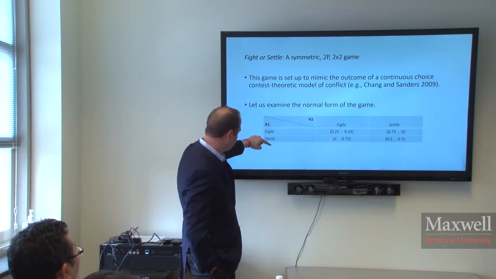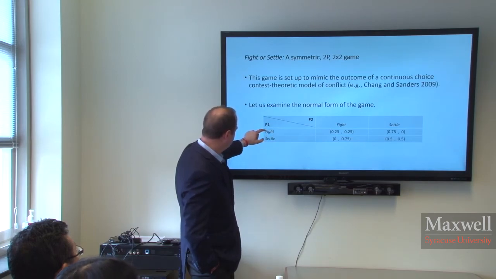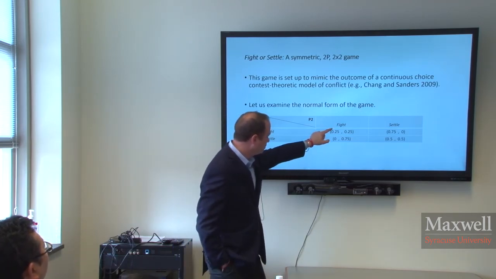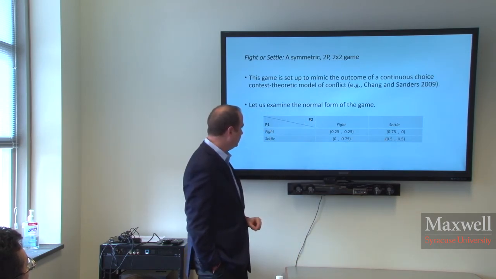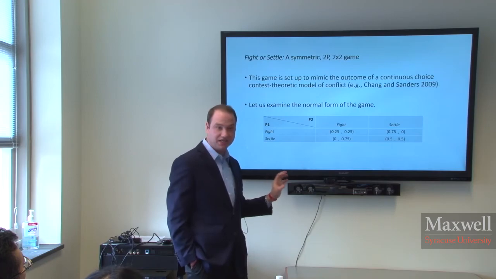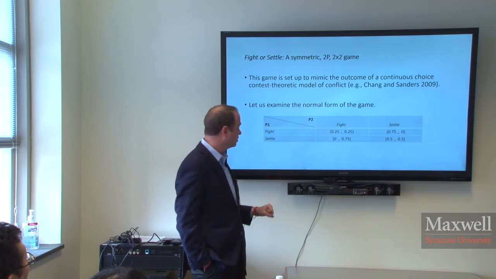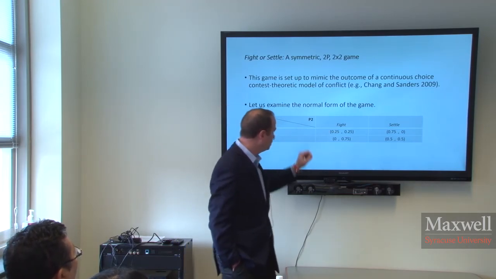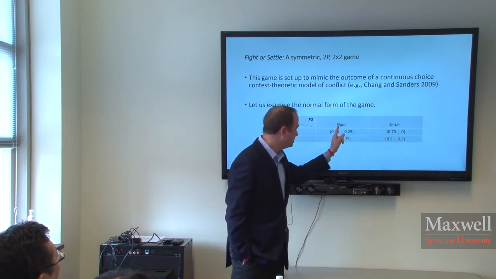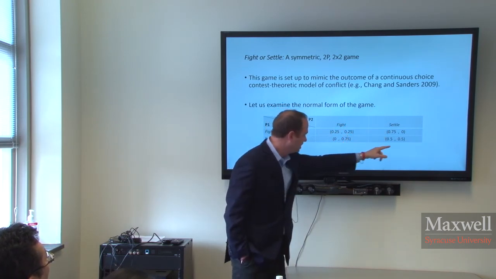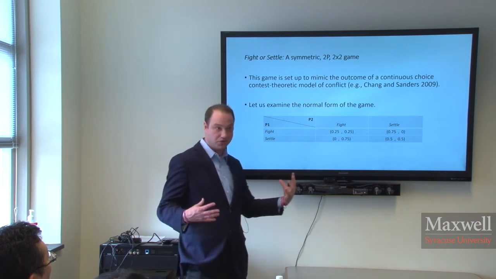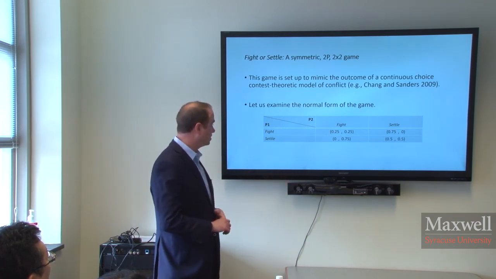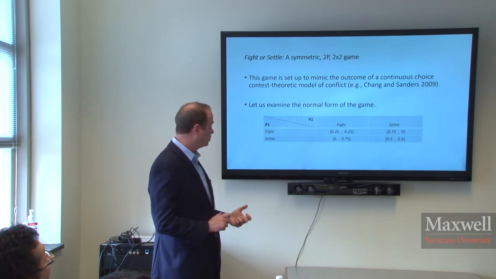So player one is thinking vertically between fight or settle, thinking about first payoffs for each outcome, and trying to maximize that first payoff. Independently, party two is thinking horizontally between fight and settle, thinking about second payoffs, and trying to maximize that second payoff. And they're both trying to maximize their respective payoffs through best response.